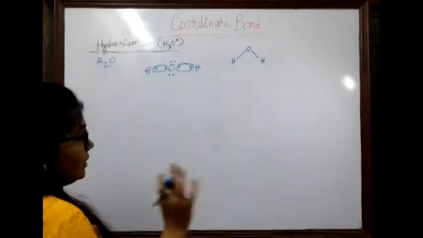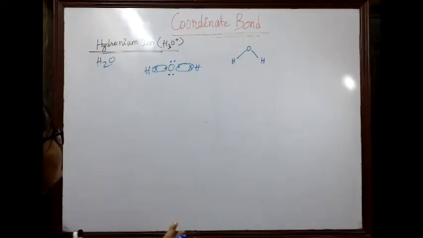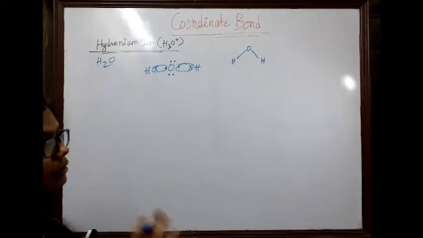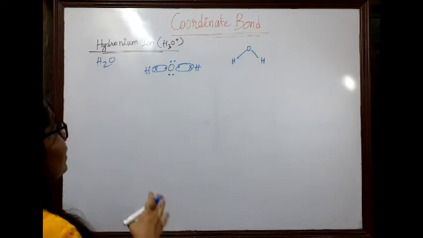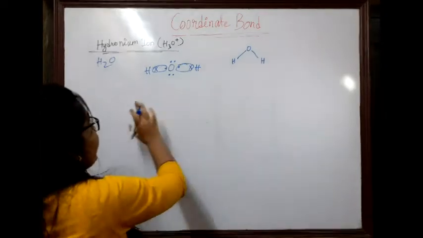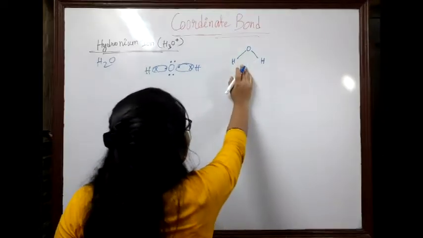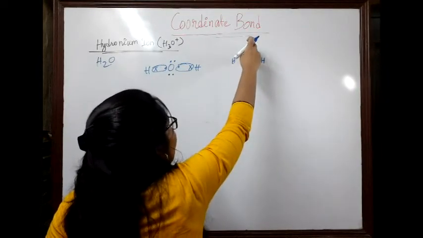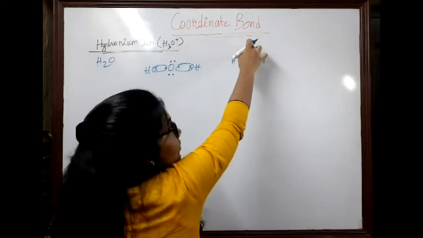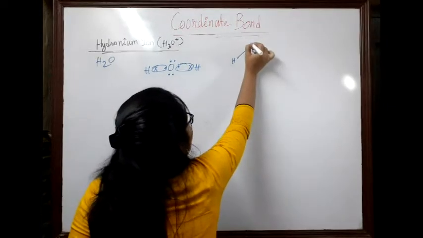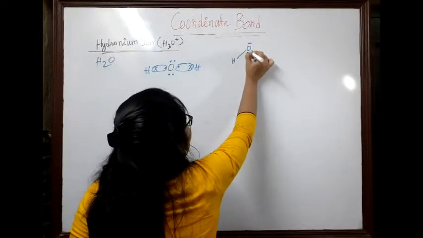From each acid molecule, one H plus ion is left, and that H plus ion is added onto this oxygen using a lone pair.